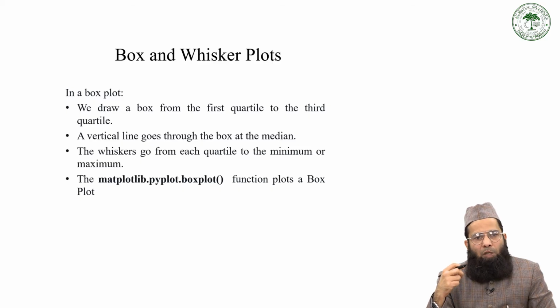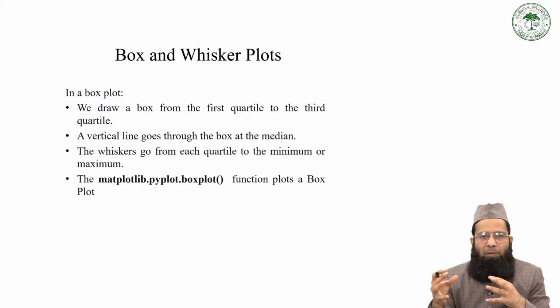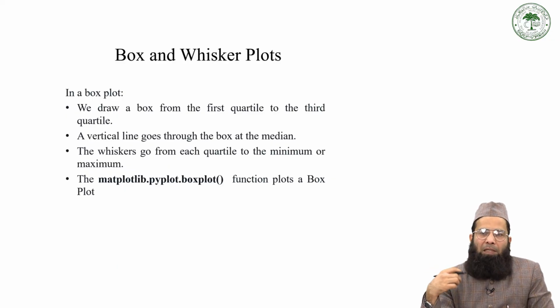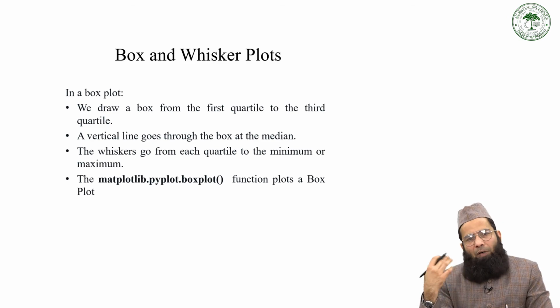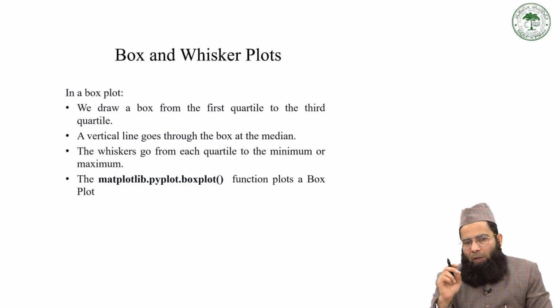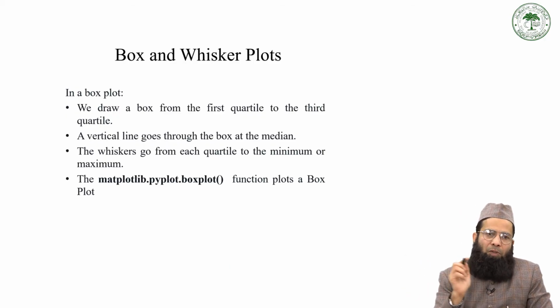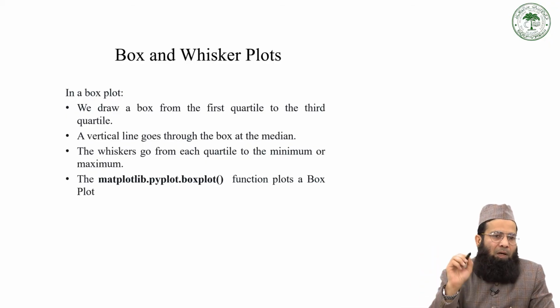Suppose you have these values: minimum, maximum, first quartile, third quartile, and median. How can we draw a box and whisker plot? In a box plot, first you need to draw a box from the first quartile to the third quartile.